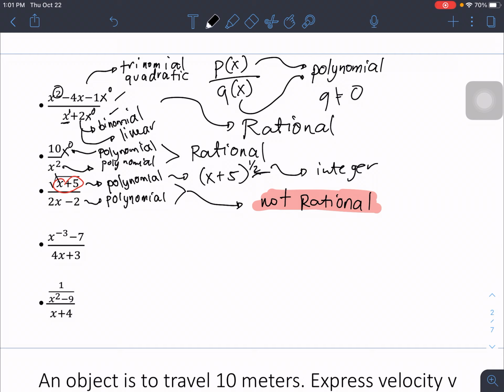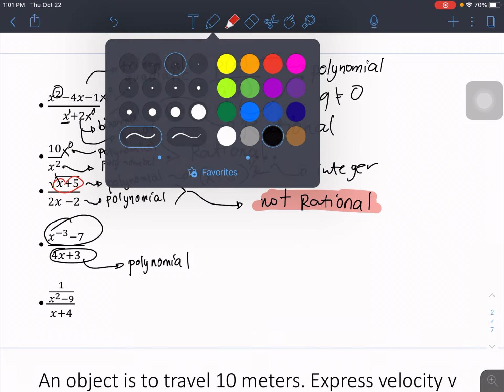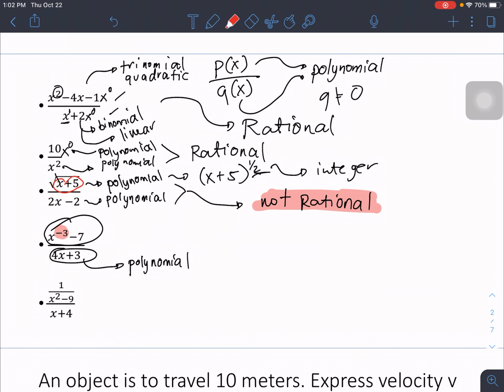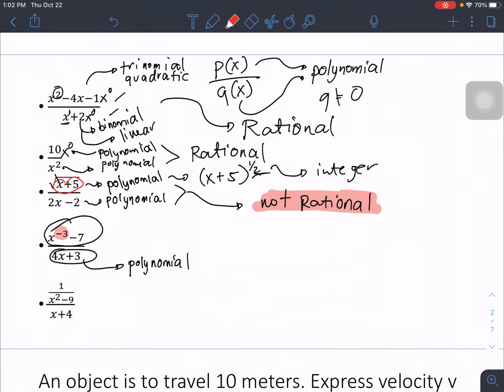x to the negative 3 minus 7 and 4 over 4x plus 3. We could tell easily that this one is a polynomial. However, if you see this x raised to negative 3 minus 7, we could see that the exponent of x is negative.